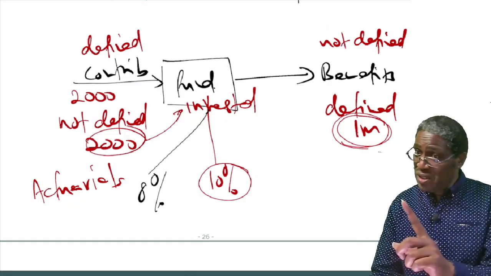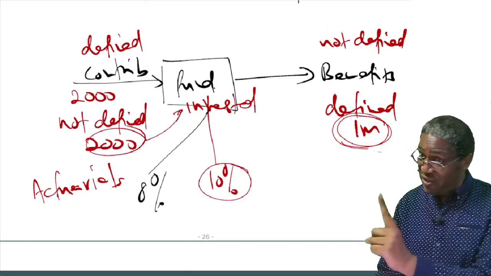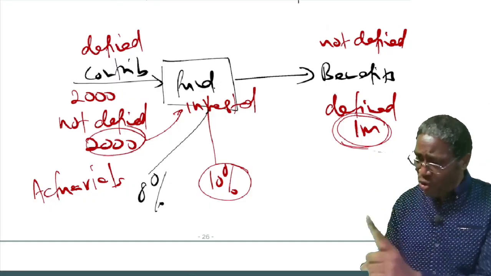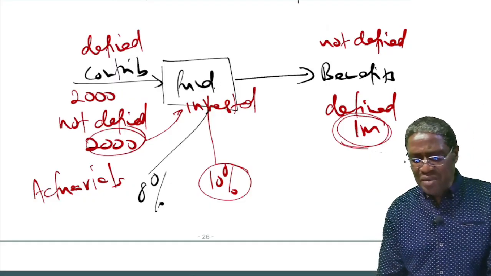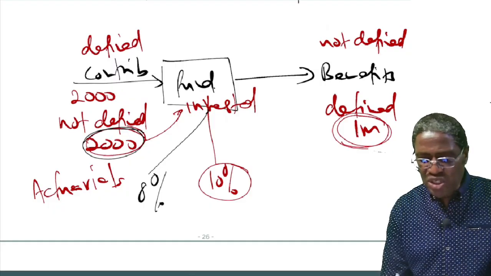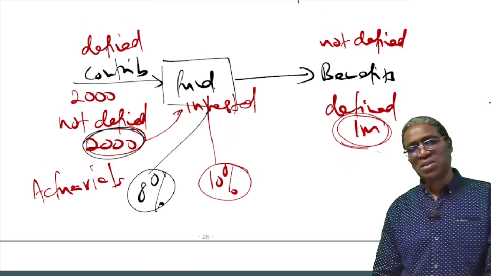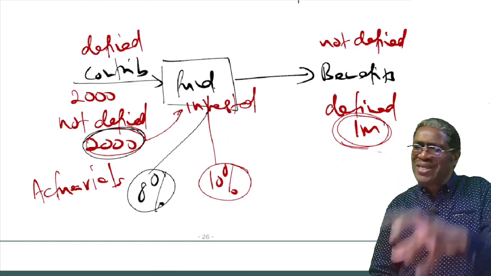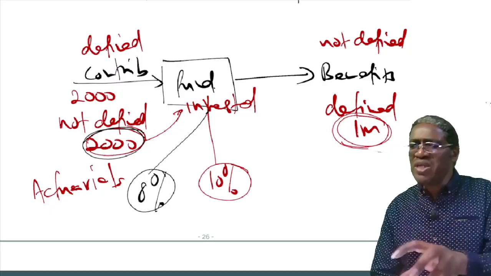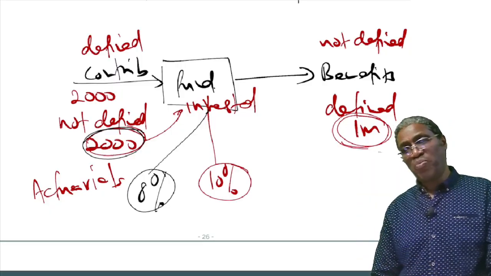Remember, you will not change the amount of the benefit. But it is obvious, if as an employer I continue contributing 2,000 now, earning a return of 8%, that will automatically not be able to meet this future obligation of paying 1 million.